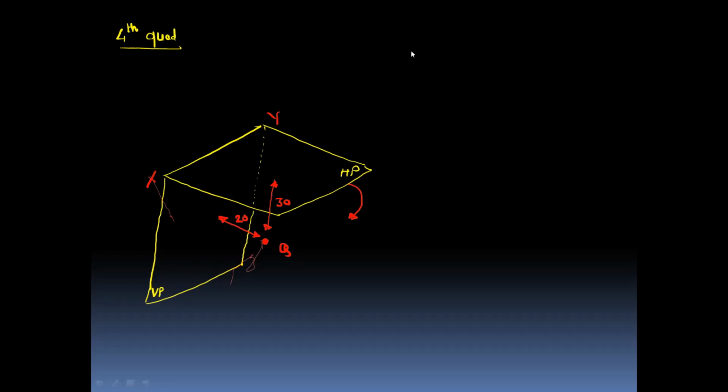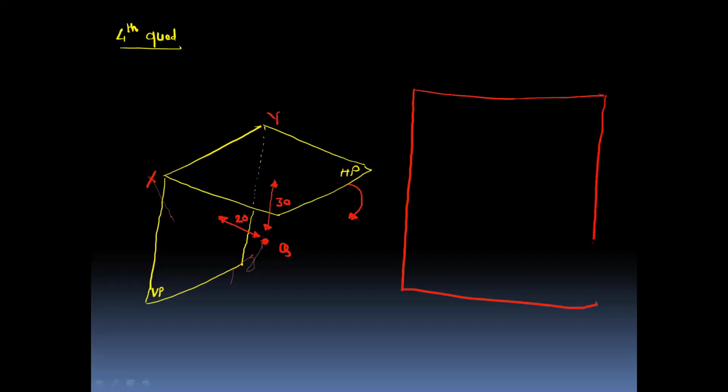So on the drawing paper, draw the XY line and show both the planes HP and VP just below the XY line. So suppose this is your XY line. Then this single rectangle will represent vertical plane and the horizontal plane. Now just observe from the front direction.